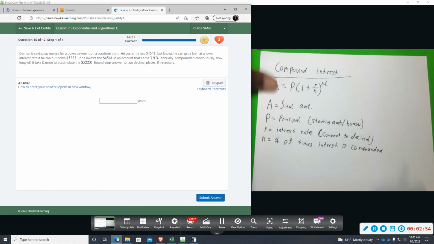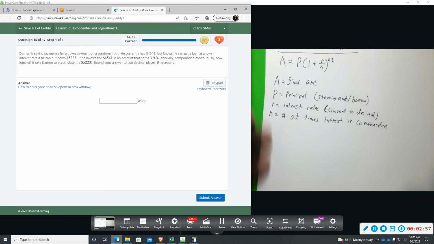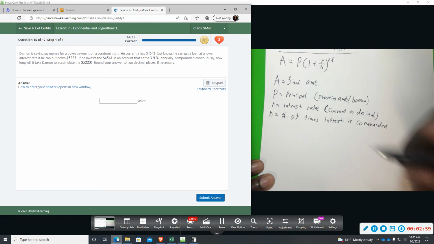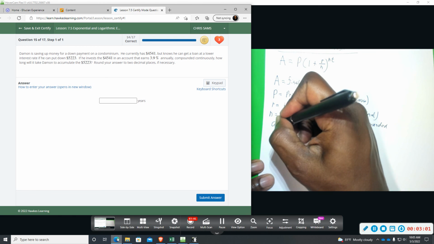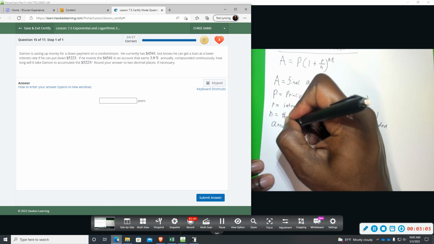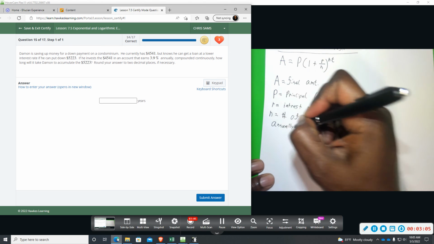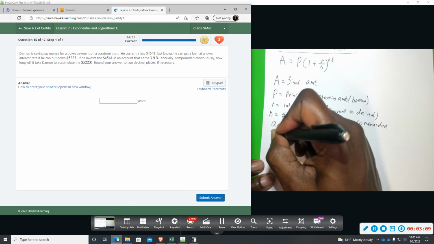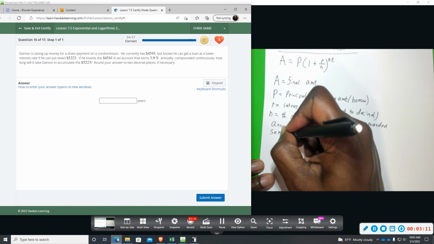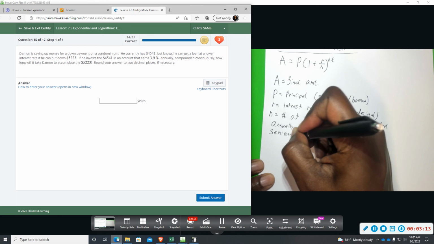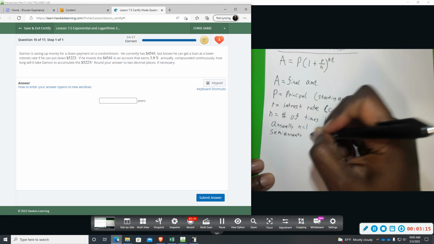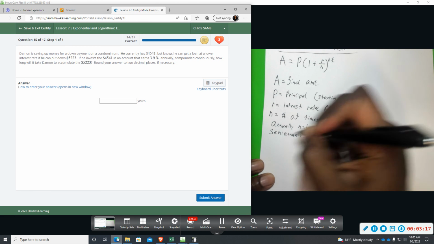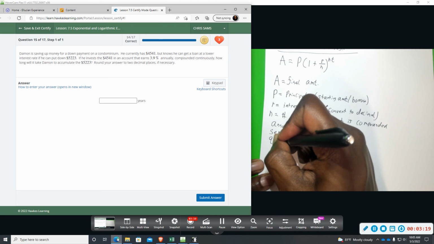Now, there's a bunch of different terms that will lead you to get different values of N. So if they say annually, that means N equals 1. They can say semi-annually. That means N equals 2. They can say quarterly.